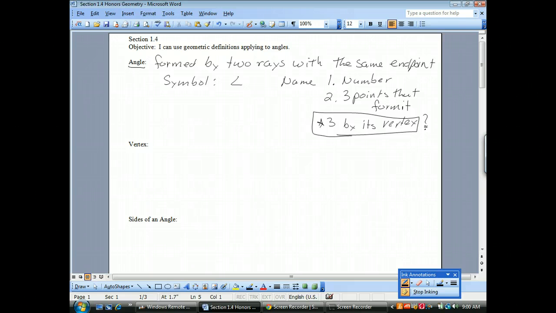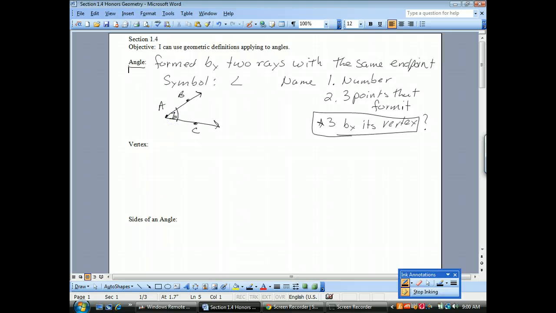Okay, so here's ray AB and ray AC. Okay, so ray AB and ray AC form angle BAC. We can also call this angle 1.